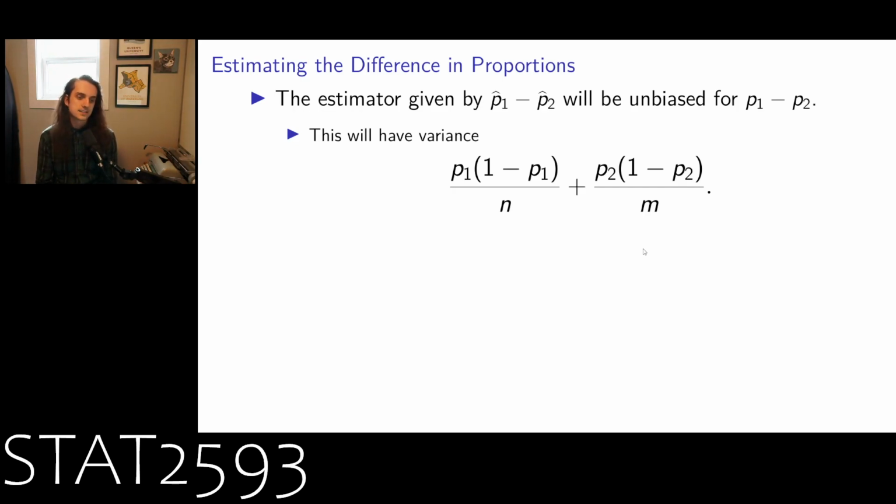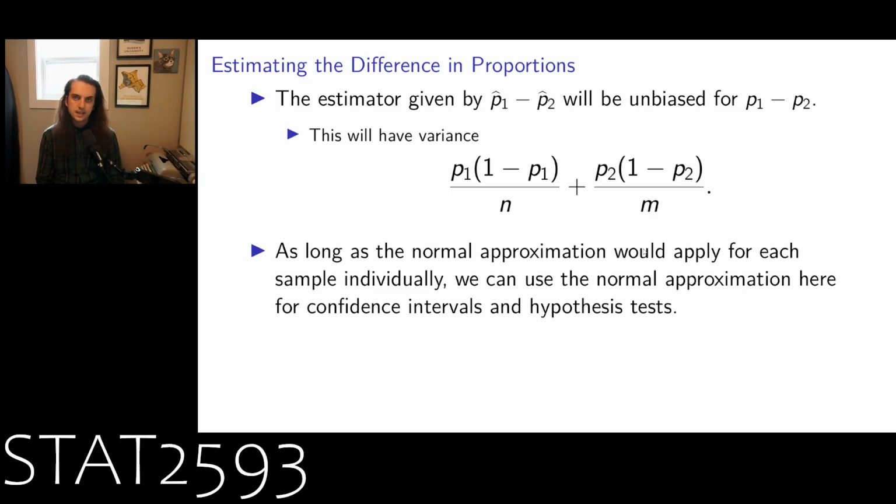So the variance of X is going to be P1 times 1 minus P1 over N, and then P2 times 1 minus P2 over M. And then if we are actually doing the difference in proportions, each variance will be scaled by the respective sample size. Now, as long as the normal approximation would apply to the binomial, each of them individually, then we can use a joint normal approximation here to form confidence intervals and hypothesis tests, right?